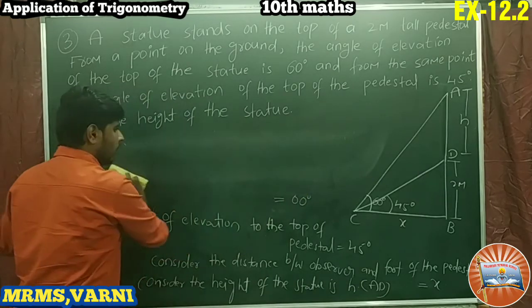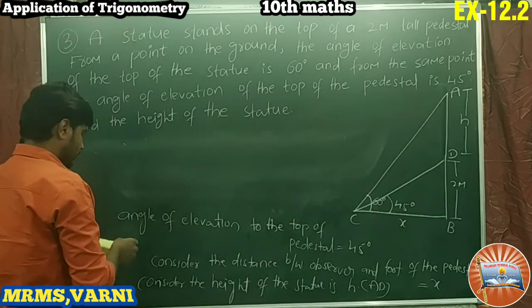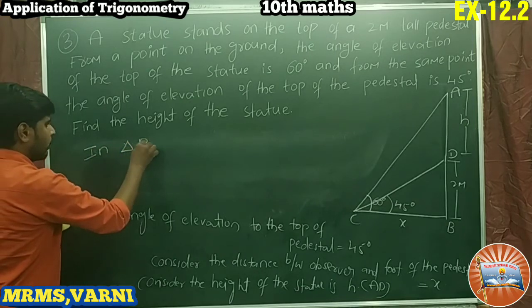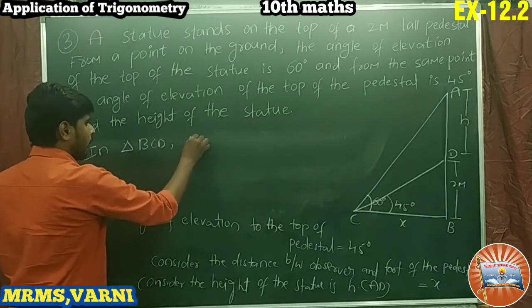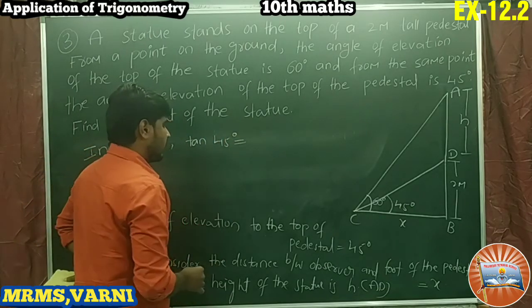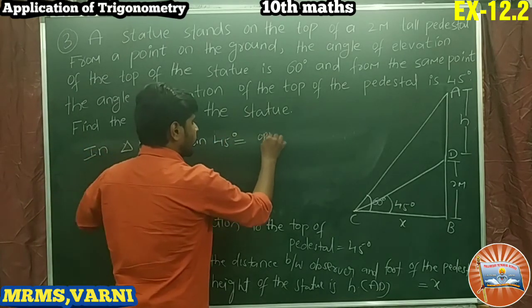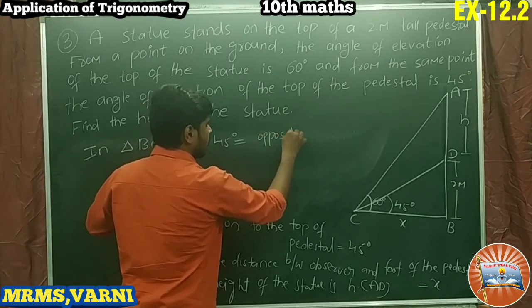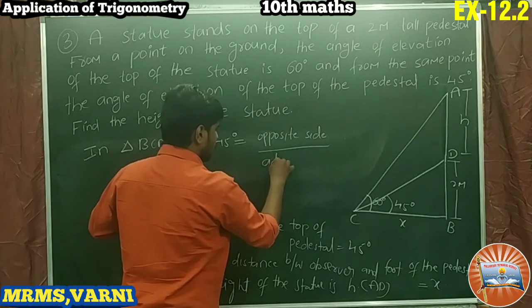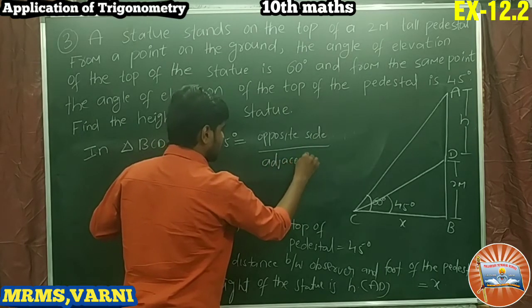In triangle BCD, tan 45 degrees is equal to opposite side by adjacent side.